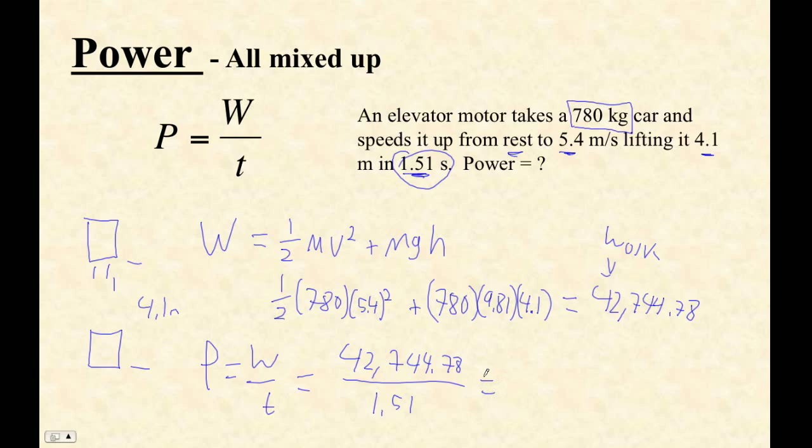So I'm going to divide this by 1.51, and I get 28,307.8. Now we only have 2 sig figs, so I guess we'd have to say 28 kilowatts. Yeah, 28,000 watts. That's what a kilowatt is, huh?